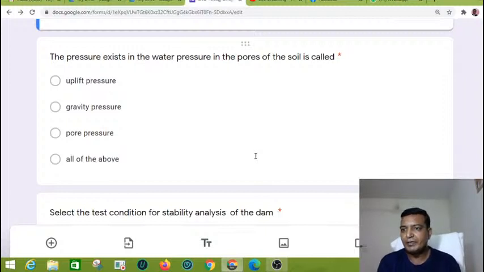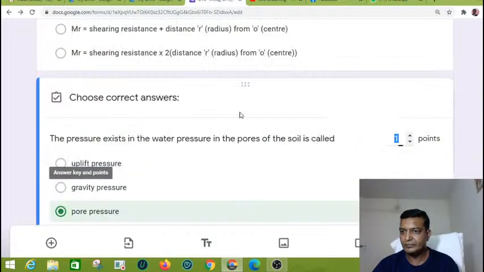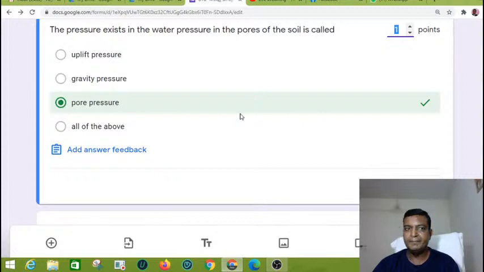Write your opinion in the chat box so that I can move on. The answer is C, and that is pore pressure.